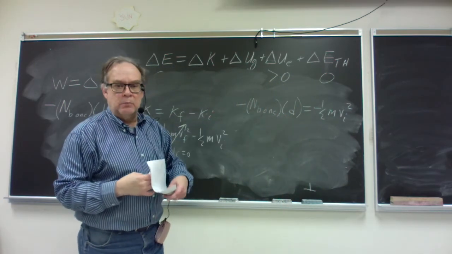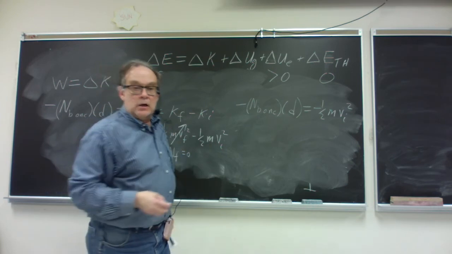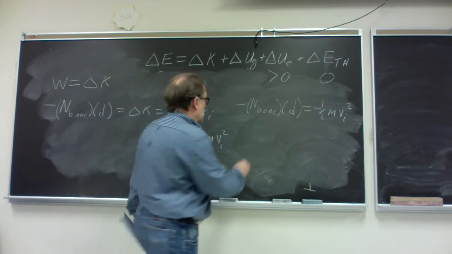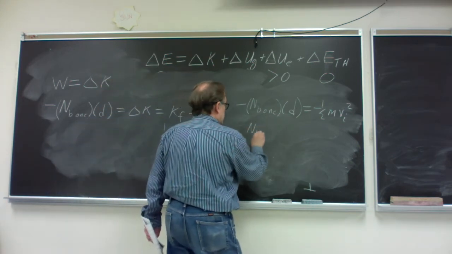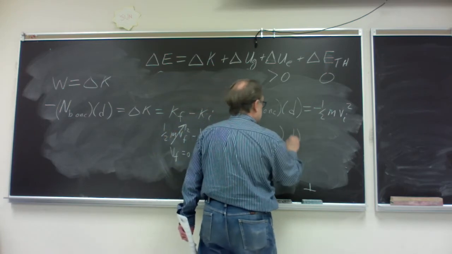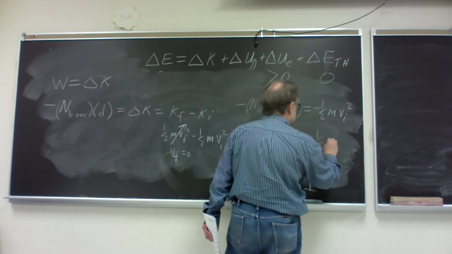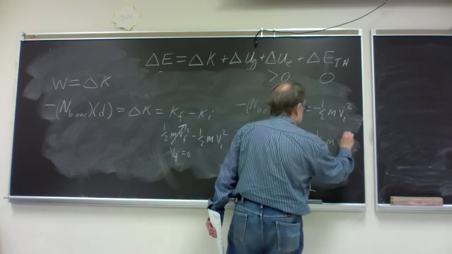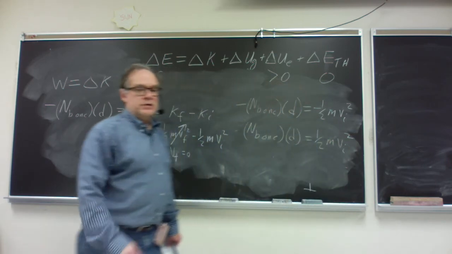There's a minus sign on both sides, so you can just get rid of it by multiplying the whole equation by -1, and we've got normal force times stopping distance equals the initial kinetic energy, 1/2 mass initial velocity squared.